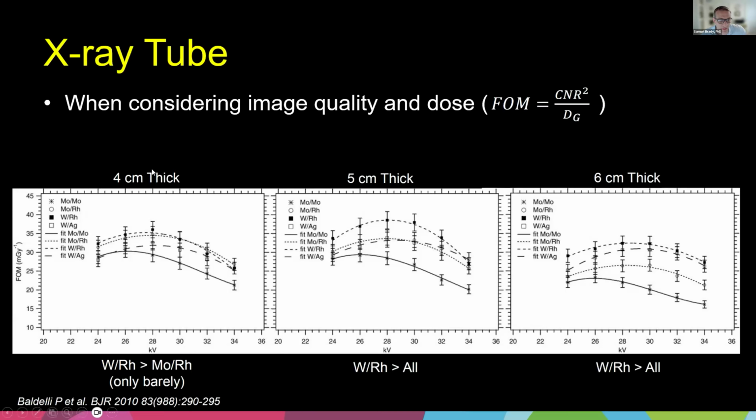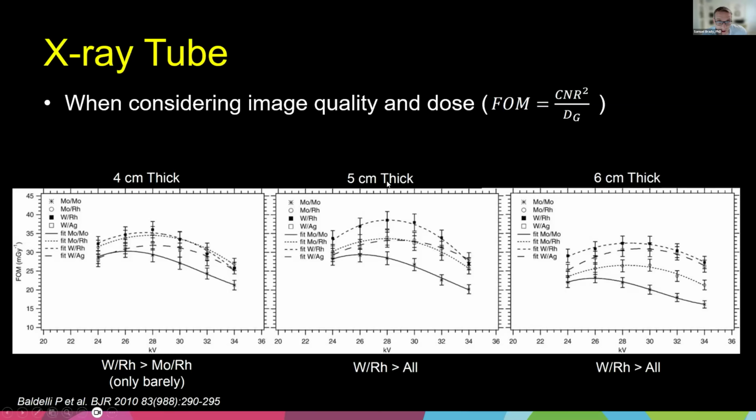Now, for relatively thin compressed breasts, you can see that the tungsten rhodium and the molybdenum rhodium lines basically sit right on top of each other. That means for pretty much every kV we're imaging with, so low to middle kV, we are basically getting the same image quality for the same dose to the breast.